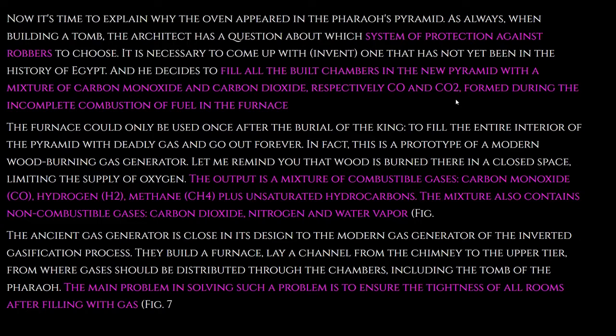So the ultimate conclusion of this Russian research team is that the lower chamber chimney and furnace system of the bent pyramid was designed as a system of protection against robbers, a very intricate booby trap intended to fill all of the upper built chambers of this new pyramid with a mixture of toxic gases, carbon dioxide, and carbon monoxide. However, they also come to the conclusion that there's a significant problem with this theory, which is ensuring the tightness of all the rooms after filling them with these gases. And I'm going to get to that here in just a moment.